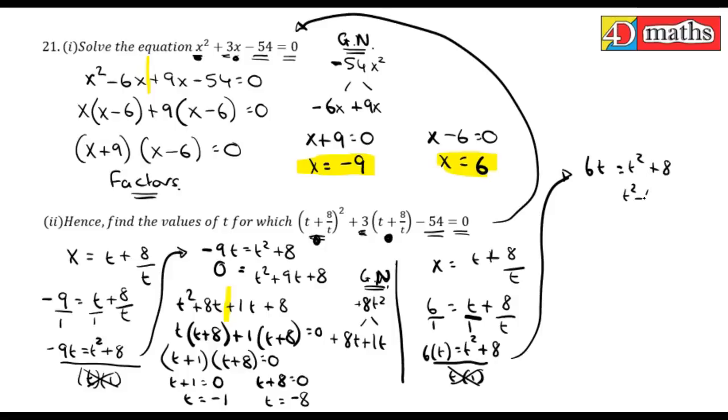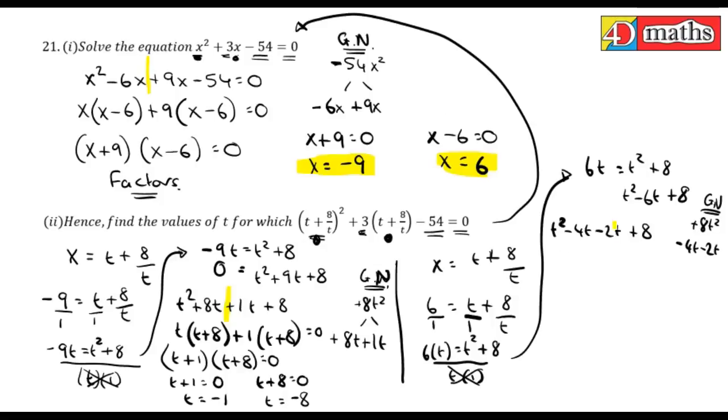Organize it, t squared minus 6t plus 8. Factors of 8, so the guide number is 8t squared. Factors of 8t squared are 4t and 2t. And they're going to be minus this time because I want a minus 6t. That'll suit because that's a plus. So this becomes then t squared minus 4t minus 2t plus 8.